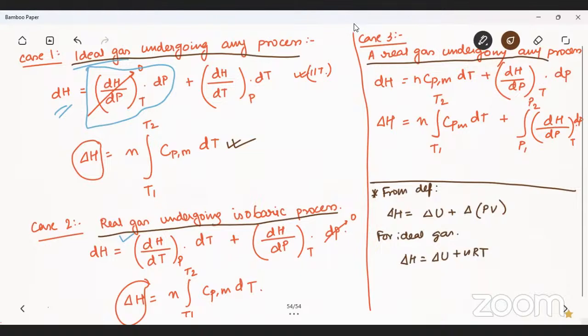And for solids and liquids, very important, delta H is equal to delta U. Is this part clear? Where to use what kind of formulas and what the logic is behind using any formula, whatever derivation I am doing, just do those derivations. Maybe that will help you a lot.